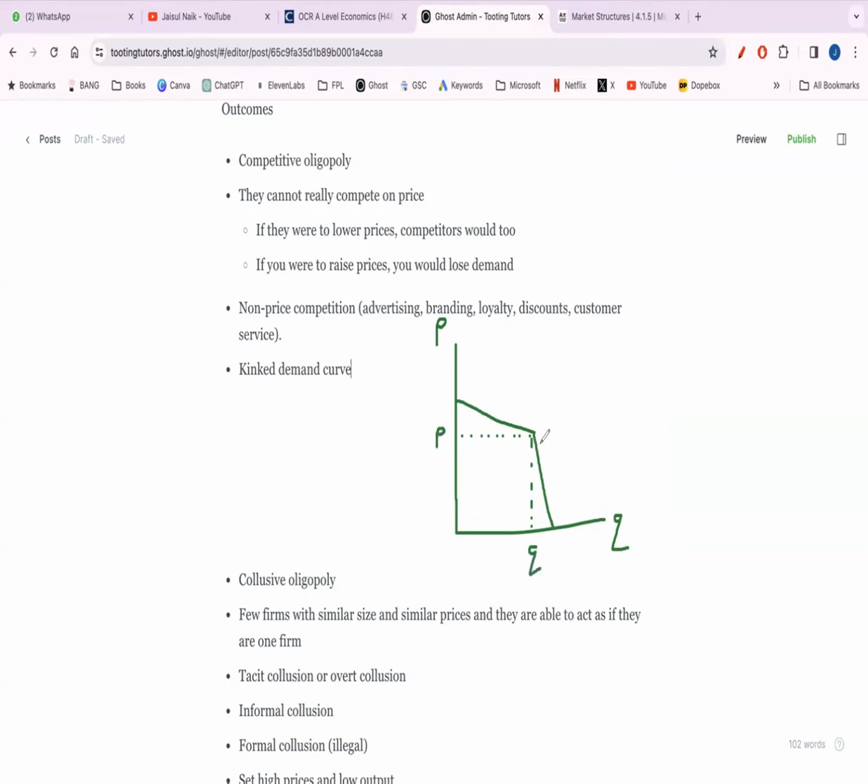And the reason is if they were to lower their prices to here, for example, they would barely get any extra demand because by the time they do it, other firms would also lower their prices. And if they were to raise their prices just a bit, they would lose so much demand because other firms would capture your demand because they're similar products.